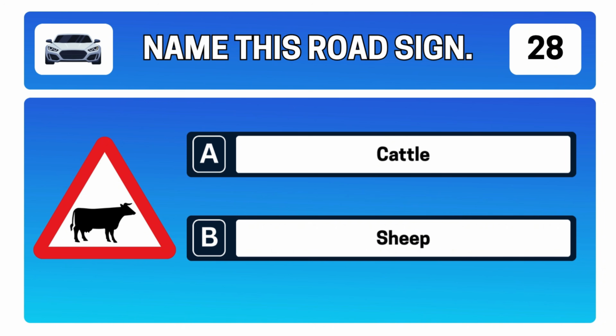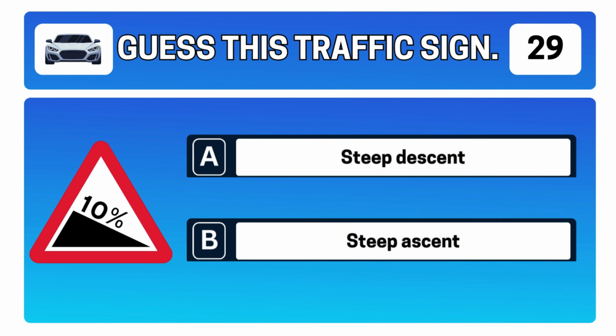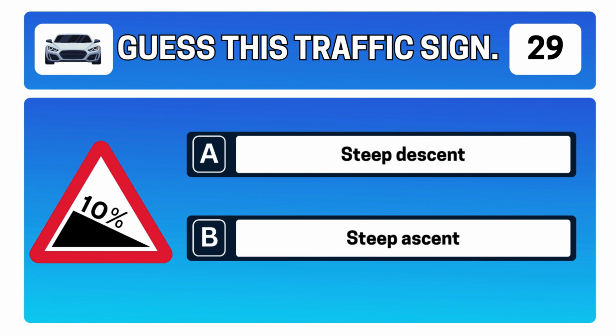Name this road sign. A. Cattle. B. Sheep. Good catch. It is the cattle sign. Guess this traffic sign. A. Steep descent. B. Steep ascent.